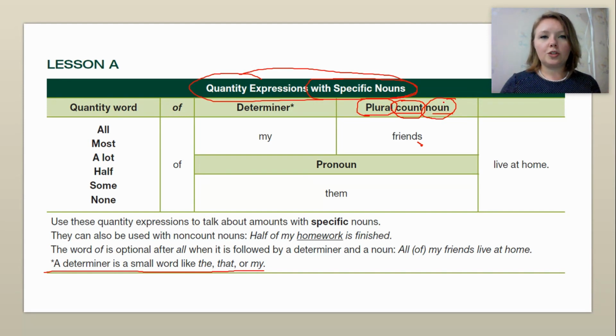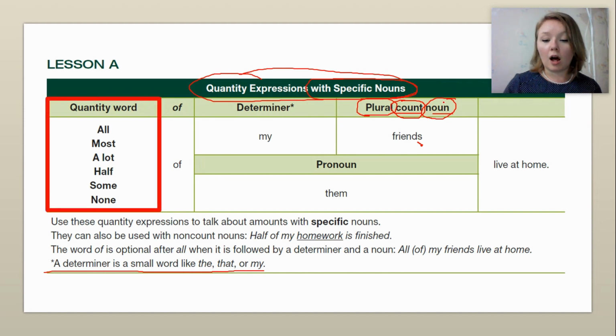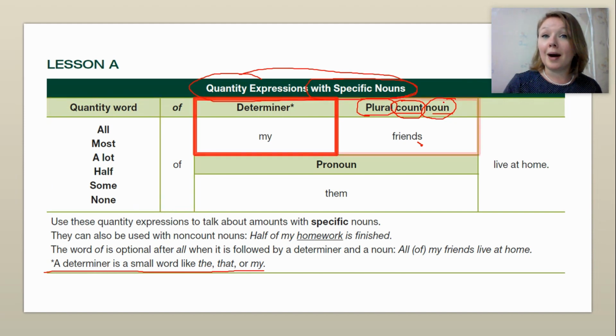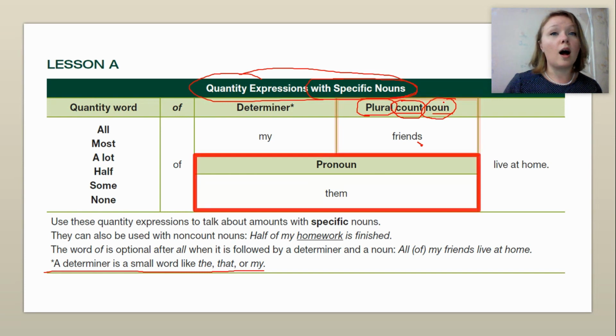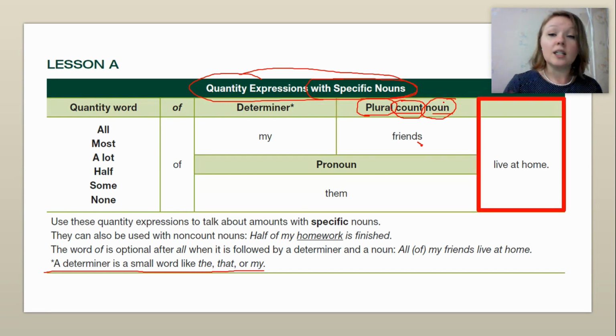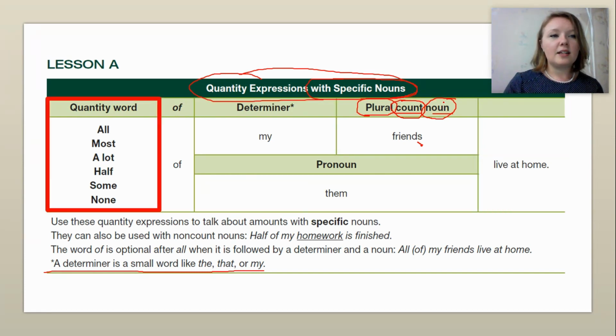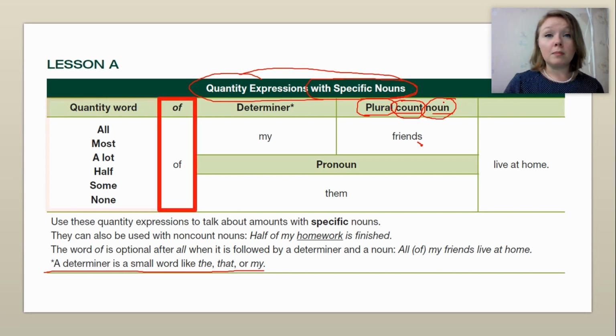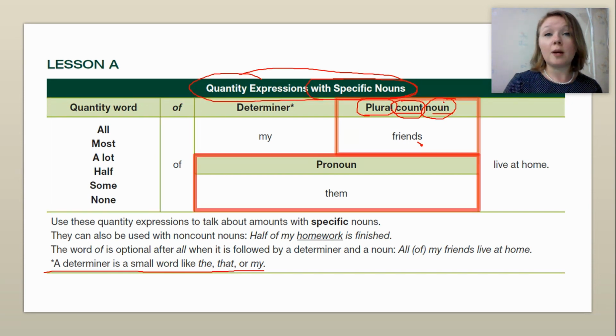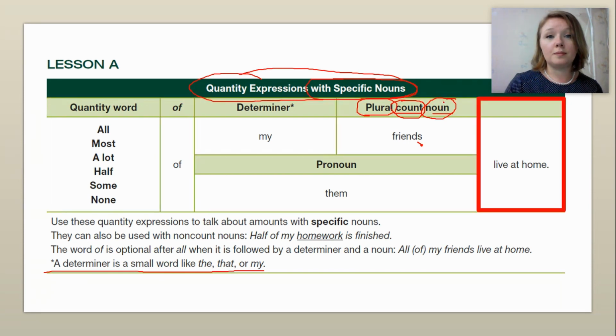So if I want to tell about some quantity with these specific nouns, I could say something like all of my friends, or all of them, live at home. I could say some of my friends, or some of them, live at home.